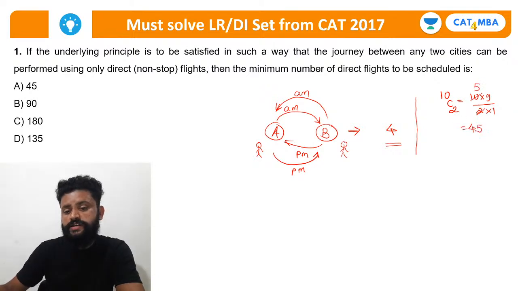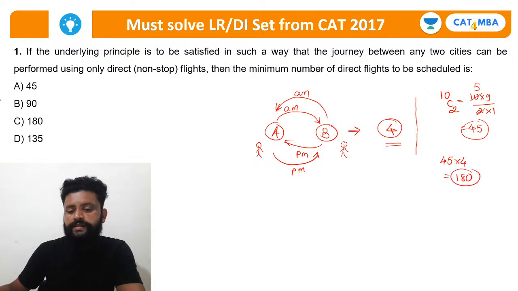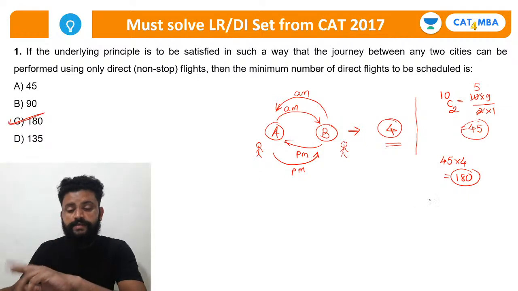That's 45 combinations of two cities, and each combination will need 4 flights. So 45 into 4, it must be 180. That's the answer option C.